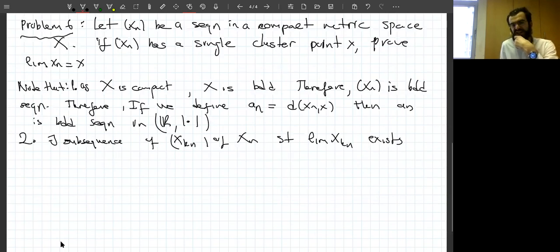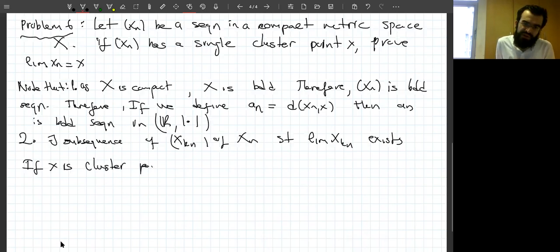In fact, it is x. We will show that. So if x is a cluster point of x_n, you may consider this sequence as a set, I mean, you may write it like this, {x_n : n in N}.